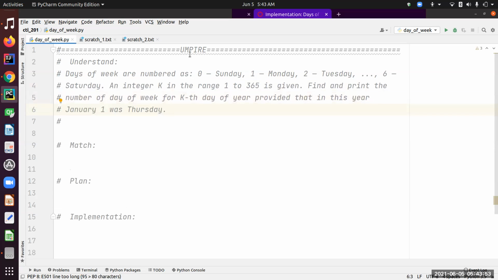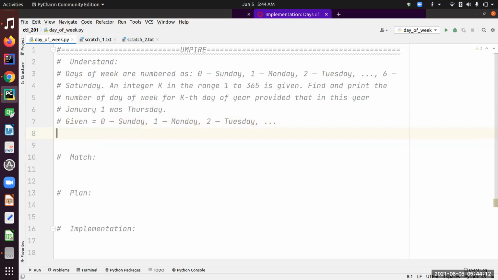So days of the week numbers are given. It's a sort of a format based on numbers. And there's more things given.